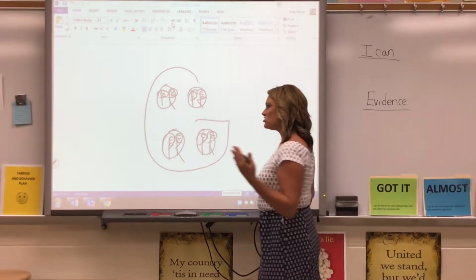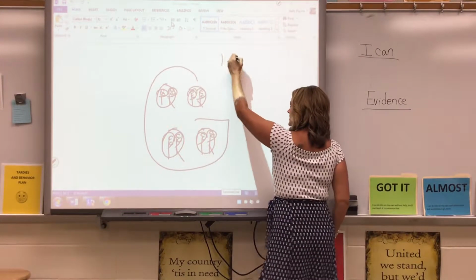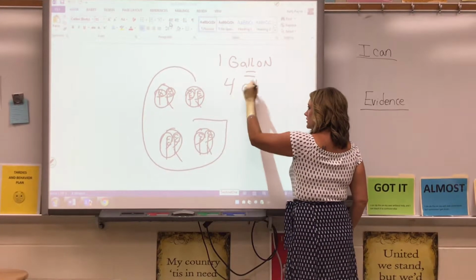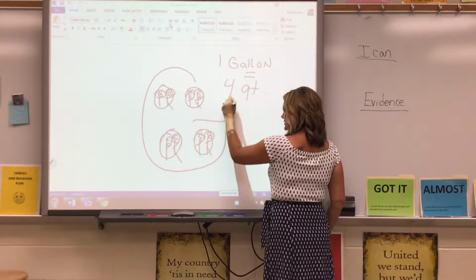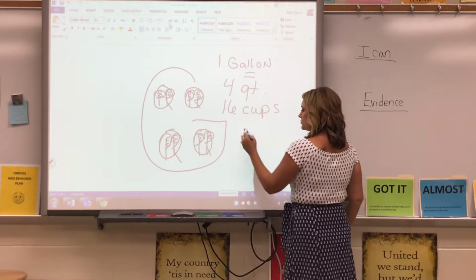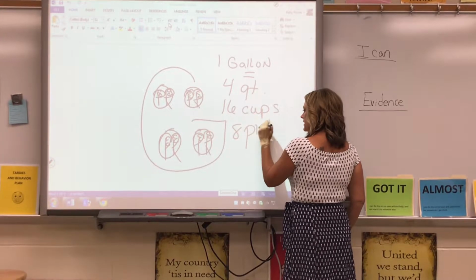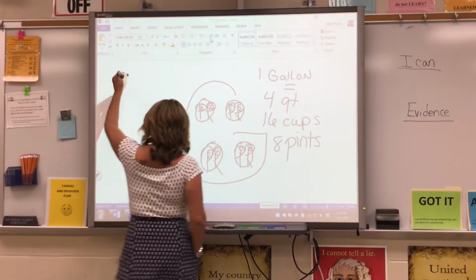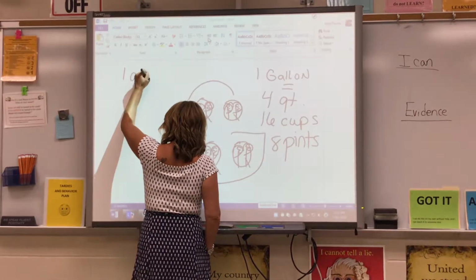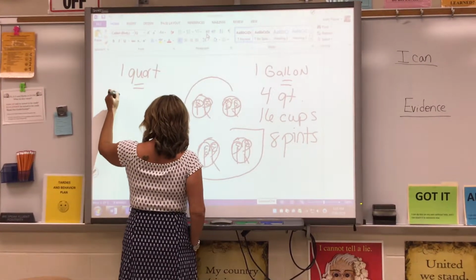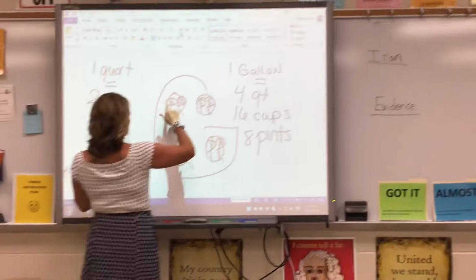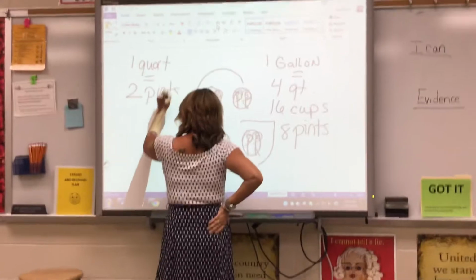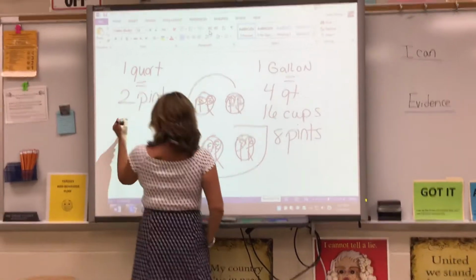So let's just break that down really quick off to the side. 1 gallon is equal to 4 quarts, QT. It's equal to 16 cups, okay? It's equal to 8 pints. On the opposite side, in each quart, 1 quart is equal to 2 pints, and it's equal to 1, 2, 3, 4 cups.